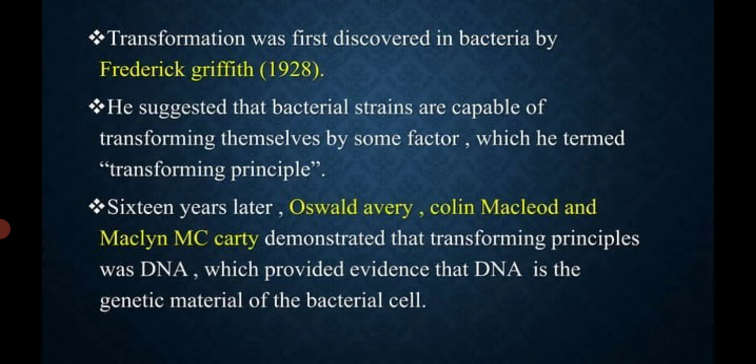The transformation process was discovered by the scientist Frederick Griffith in 1928. It was discovered in the bacterium Streptococcus pneumoniae, and Griffith suggested that bacterial strains are capable of transforming themselves by some factor, and this factor is called the transforming principle.